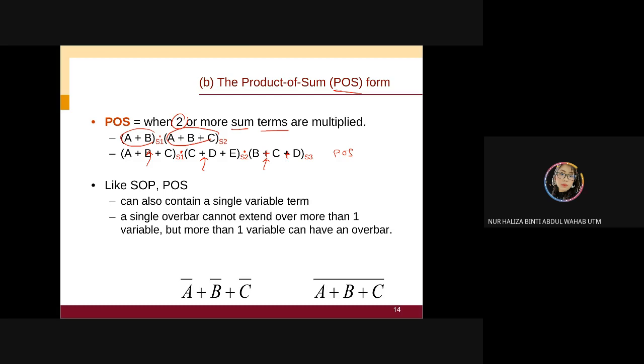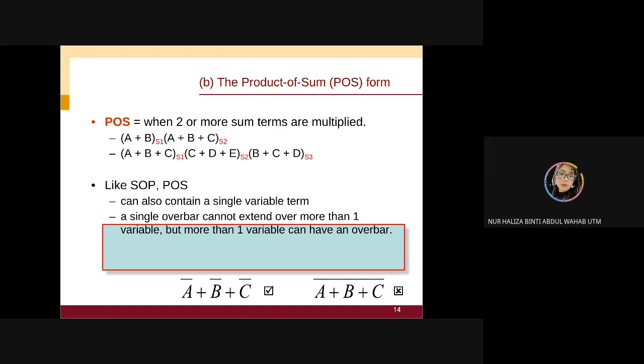Similar to SOP, POS also contains single variable terms. A single overbar cannot extend over more than one variable. You can have an overbar, but you cannot have a single overbar continuous over several other variables. So you need to use the De Morgan theorem to change to a single overbar for a single variable.